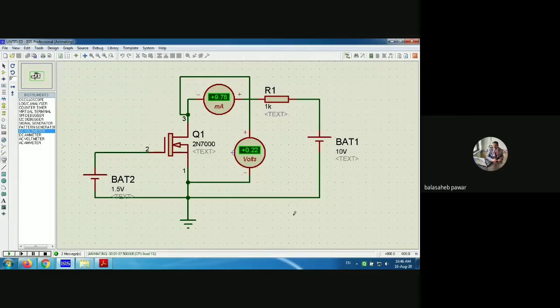Once the transistor gets turned on, that is at the threshold value, the current flowing through the transistor is very, very small. That is the first conclusion, right? Why is it very, very small? Because a thin channel gets induced, gets enhanced between drain and source by Vt equal to 0.9 as per this practical.